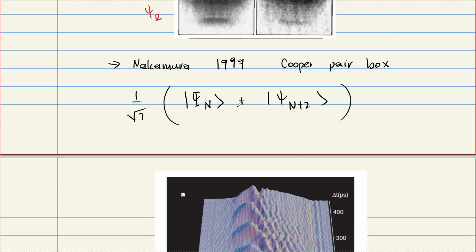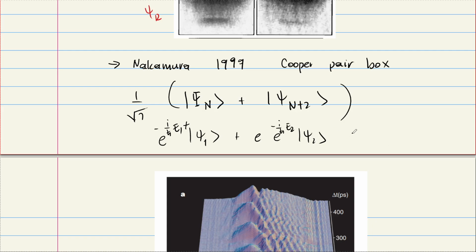Because there are two states. Think about this like some psi 1, like you can think about a particle in a box, and psi 2. Once you evolve it, it is going to come with e to the minus i over h bar E1 times t, right? And this one is going to evolve with e to the minus i over h bar E2 t.